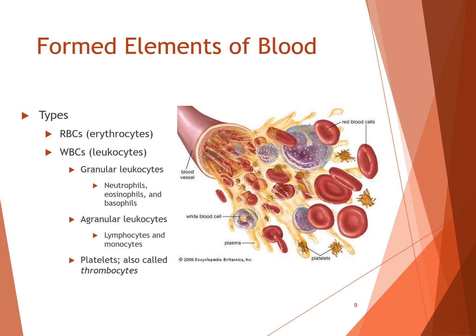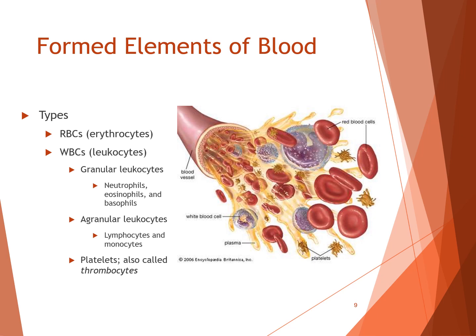Now let's talk about the formed elements of blood. Two basic formed elements of blood are the erythrocytes and the leukocytes. The erythrocytes are our red blood cells, or RBCs, and the leukocytes are our white blood cells, or WBCs. There are two different types of leukocytes, granular leukocytes and agranular leukocytes.